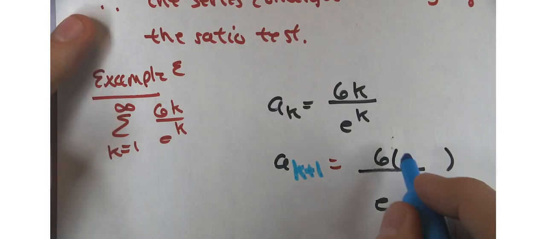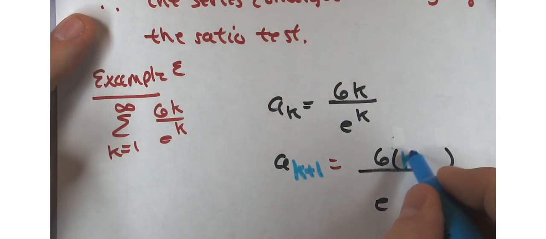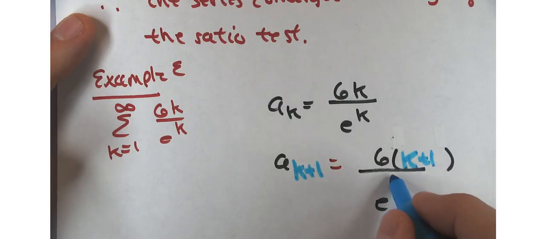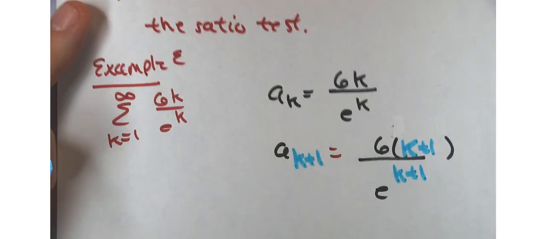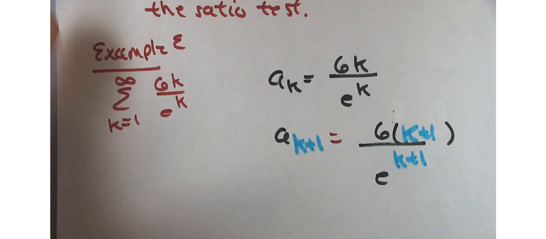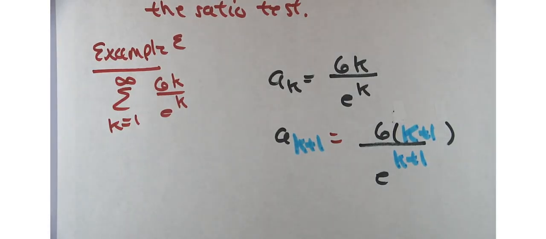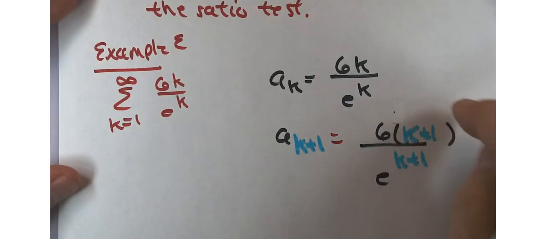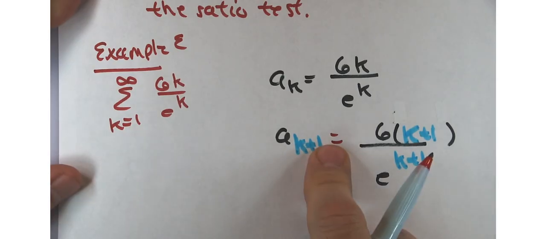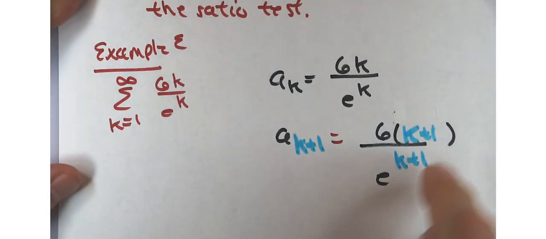You should get something like this: 6 times k plus 1 over e to the k plus 1. Since we're looking at the k plus first term, we're definitely going to be applying the ratio test.